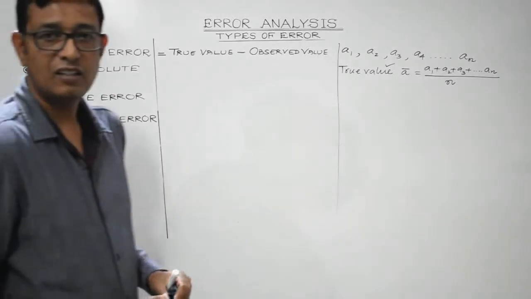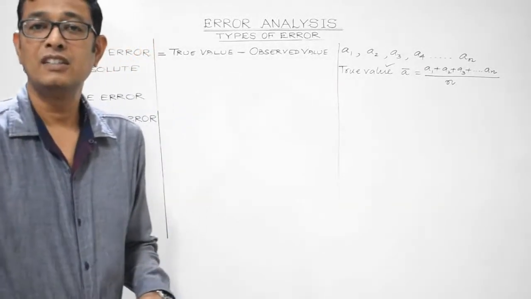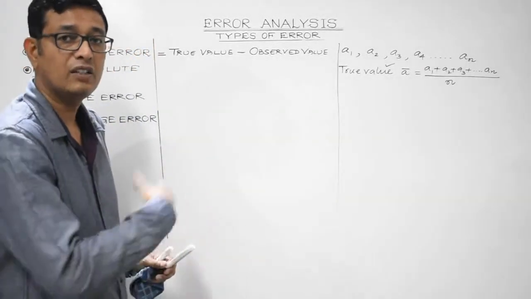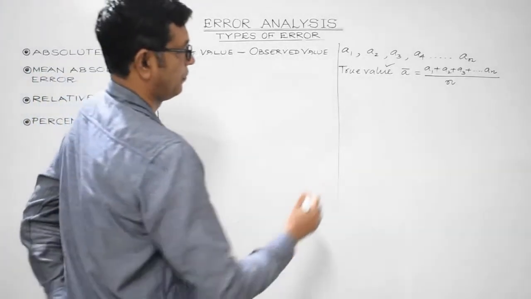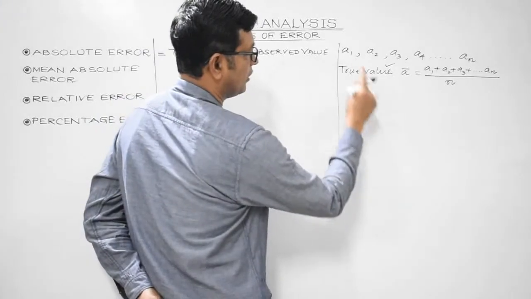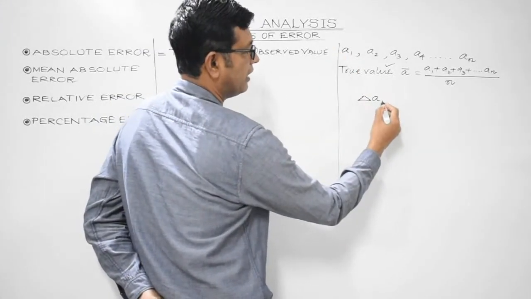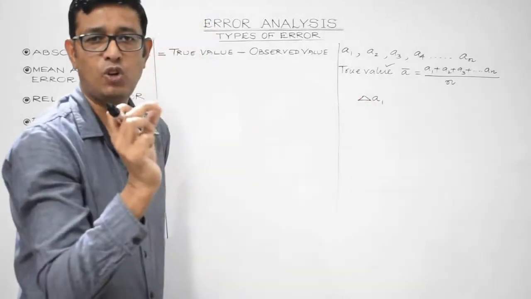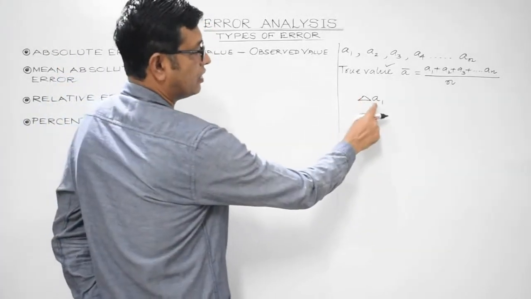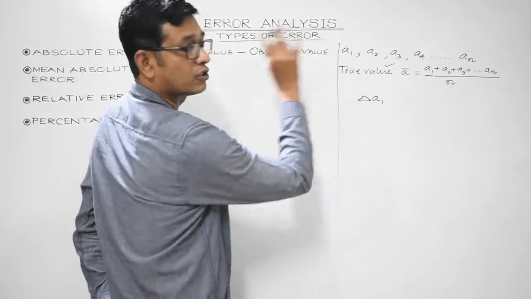So absolute error is defined as the difference between the true value and the observed value. Now how to denote it? The absolute error in the first observation will be represented by del A1. Del represents a small change. So del A1 represents the absolute error in the first observation.